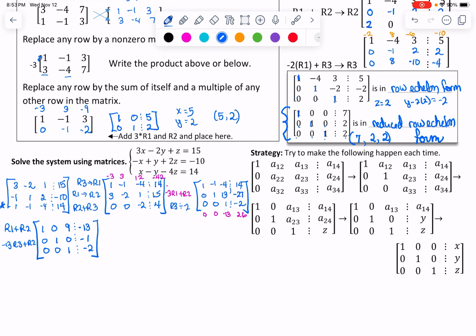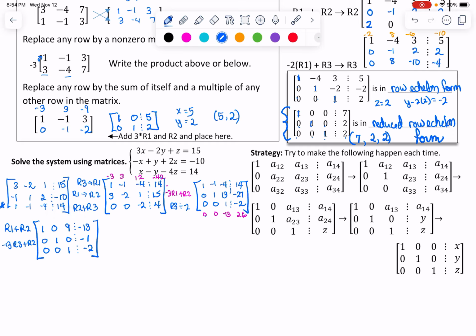So we are almost finished. We have our first column, that's 1, 0, 0. We have our main diagonal of all ones, and we have zeros in the other positions. The only thing we need to work with now is this 9. So to eliminate the 9, we can take the negative 1 in the third row, the whole third row, times the negative 9, and add it to the first row.